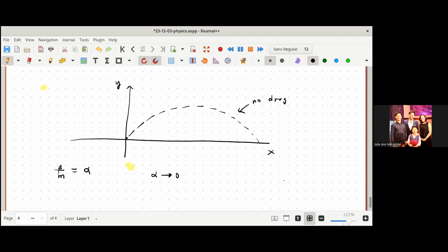So, alam natin, dapat mag-match yan. Tapos, for alpha not equal to zero, do some sketches or do some plot mo kung ano mangyayari sa actual position versus time. So, malamang ganito magiging itsura niyan. Kung ito, y versus x kapag walang drag, ito kapag may drag.